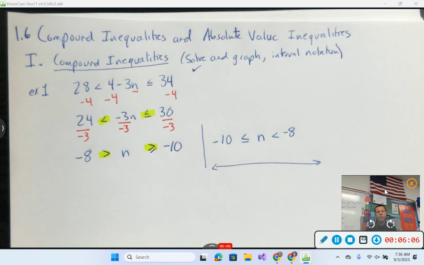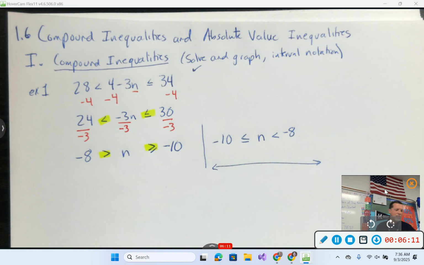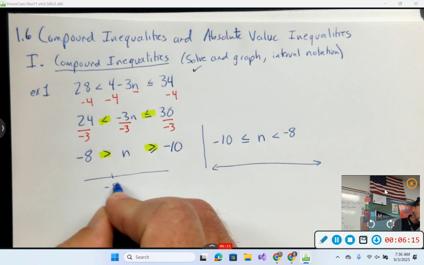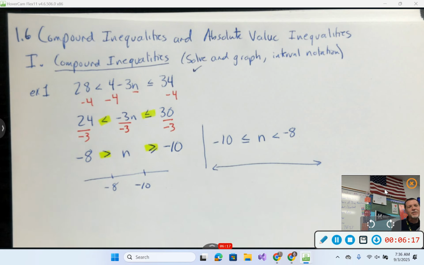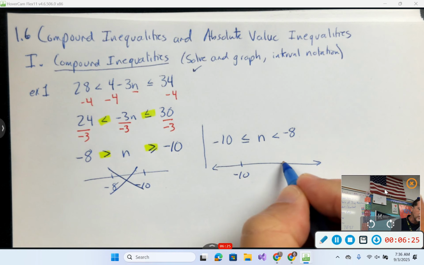It's also easier to graph when you go left to right, smallest to biggest, because if you don't flip it around, someone's number line is going to look like this, and you can't, right? That's a backwards number line. The smaller number's got to be on the left, so don't do that. So flip it around. That'll help keep your number line in order.